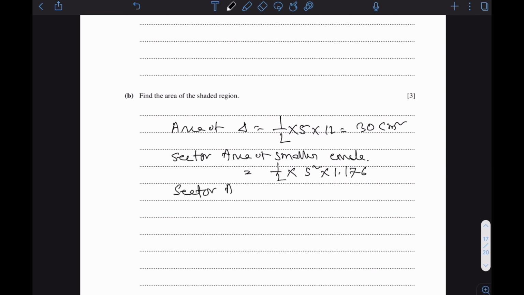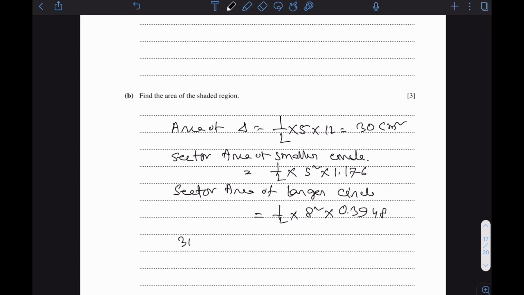Sector area of the larger circle, half into 8 square into 0.3948. We have already got all these things earlier.